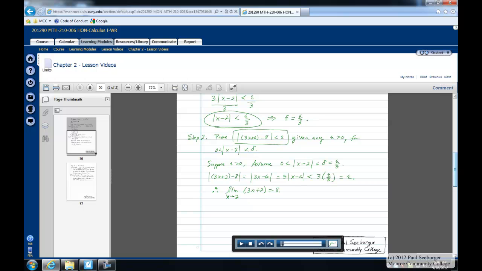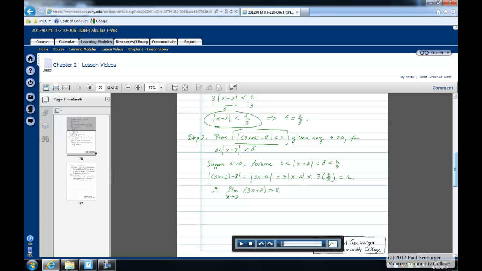So here's the actual proof. Suppose epsilon is greater than 0. Assume that our absolute value of x minus 2 is greater than 0 and less than delta equal to epsilon over 3. In other words, x is not equal to 2, and x is within epsilon over 3 units of 2. That's what we're saying here. If that's true, can we show that the expression absolute value of f of x minus L is less than epsilon?